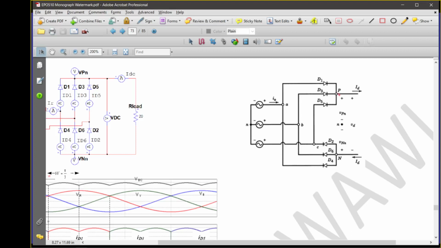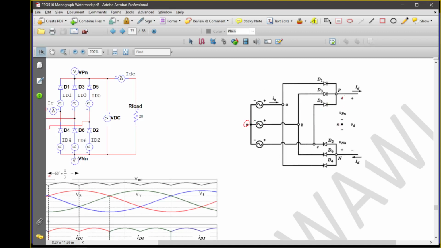We label this point P and this node N, capital P, capital N, positive and negative group here, and we have a common neutral point, so you can put it somewhere here. It's very similar to refer to that point.